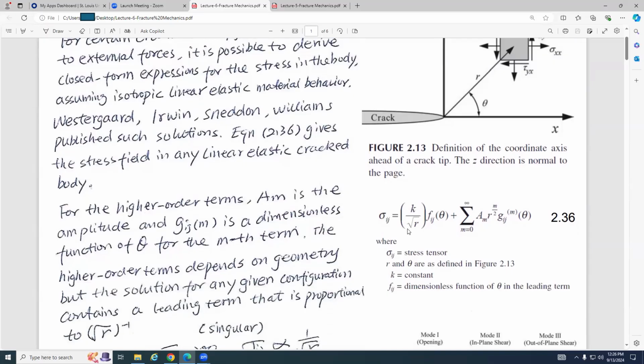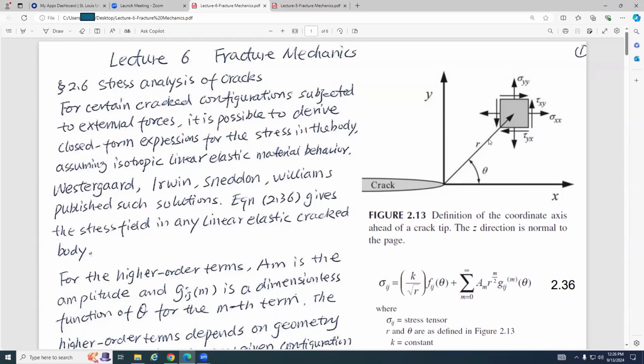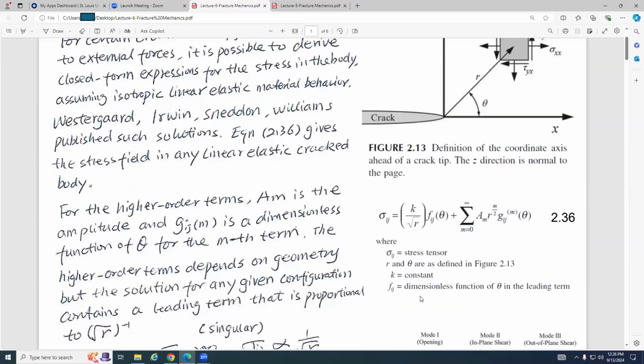This has 6 independent stress components. r and theta are defined in this figure. r is the distance between the point of interest and the crack tip, and theta is the orientation. Fij is a dimensionless function of theta in the leading term. r is a distance, and what is the k here? We are going to talk about this one.